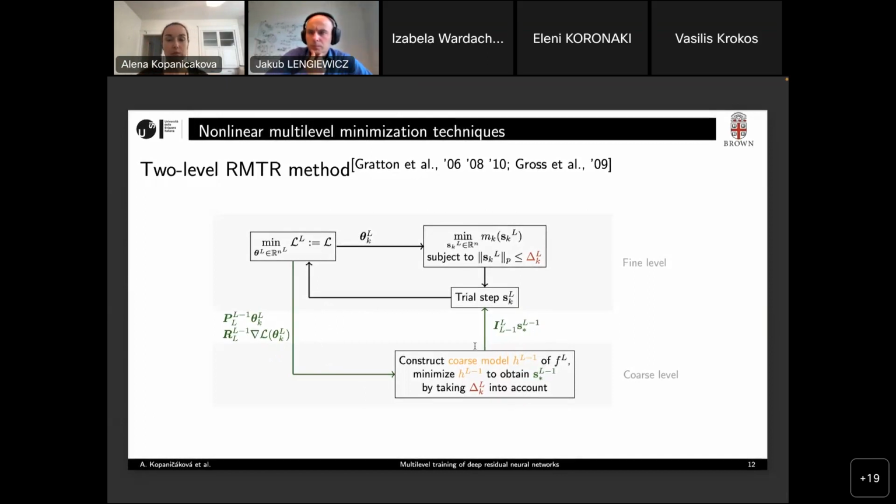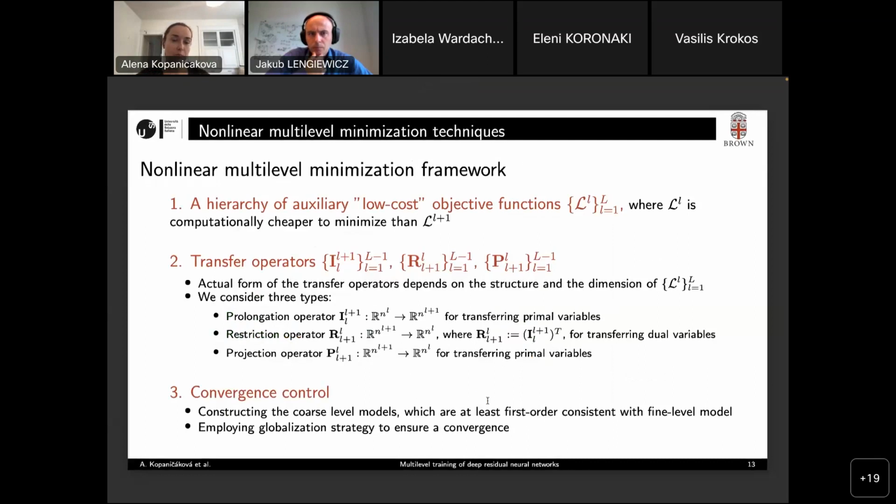Traditionally, one would iterate between the fine level and coarse level step, which would give rise to some sort of V-cycle type of algorithm. Of course, we can also define coarse level models of coarse level models, which would give rise to a full multi-level method.